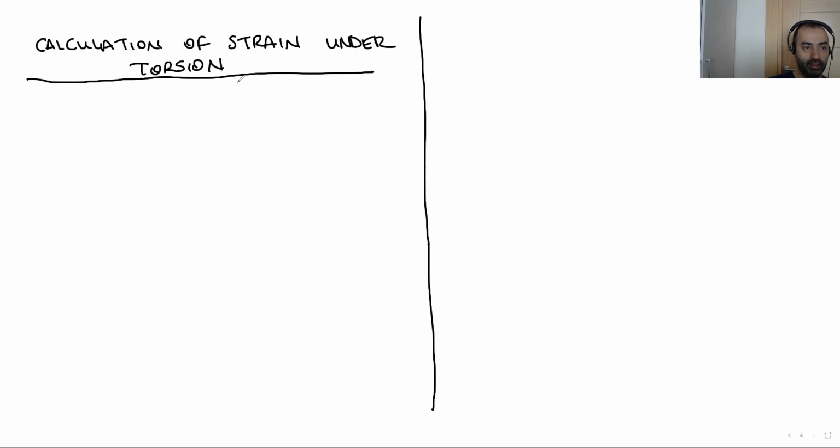I'm going to draw a sketch for you again. Circular section. Use a line through this.